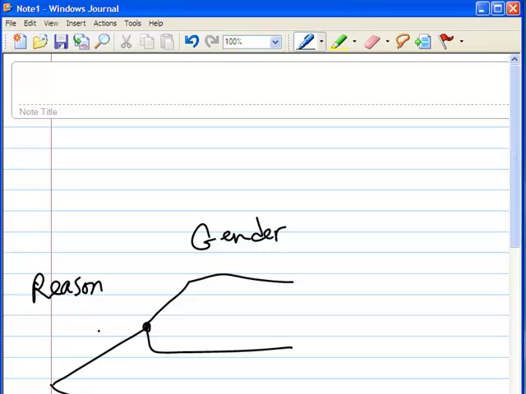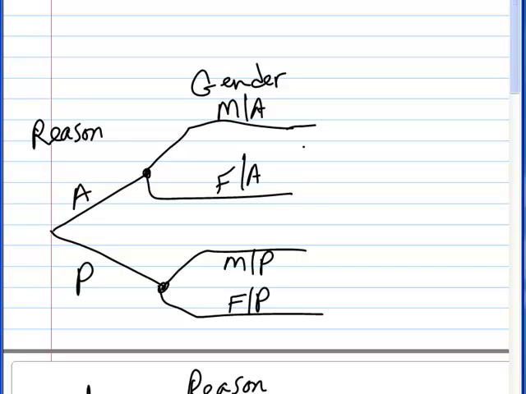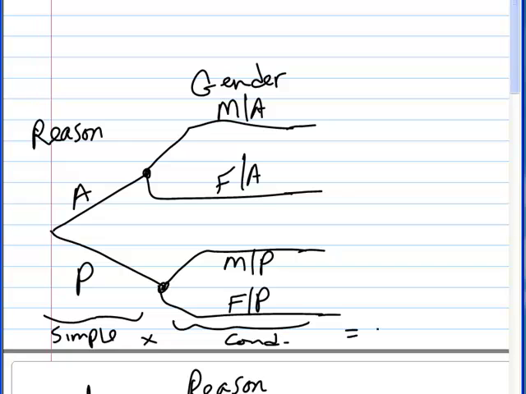Now reason, we can keep it to be appearance and performance, and gender can be male and female, male and female. But of course we know the second set of branches are conditionals. These two are conditional given A, and these two are conditional given P. And of course we know the end product of them. These are simple, these are conditional, multiply them, and we get joint.